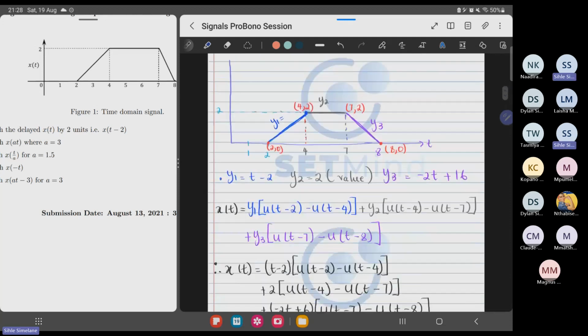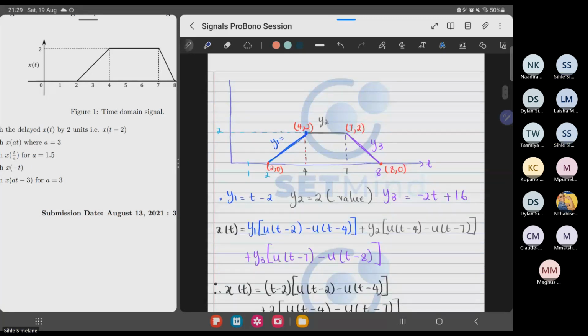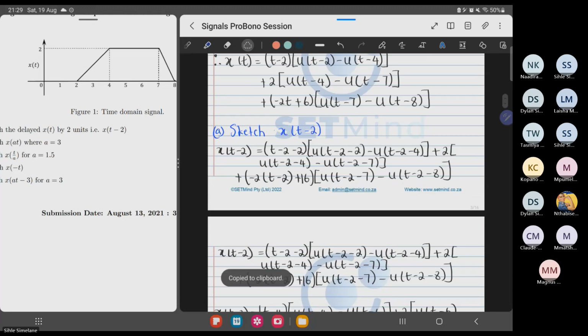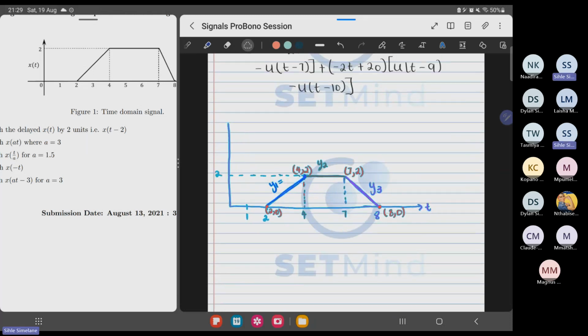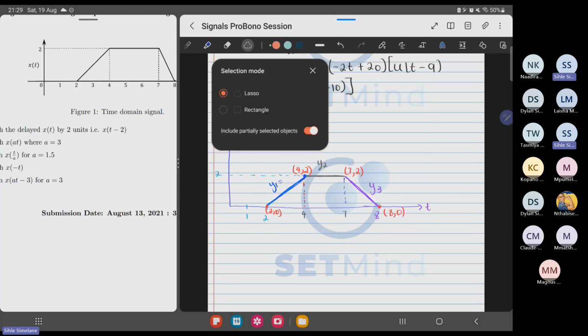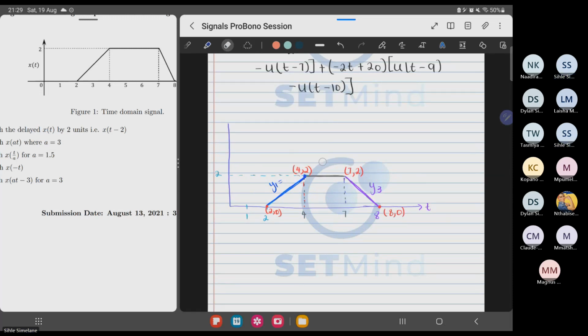Or in fact, let me take the original one and see if we can do the shifting quickly. So let's put the original graph here, and then let me erase, but there's no need for me to erase anything.